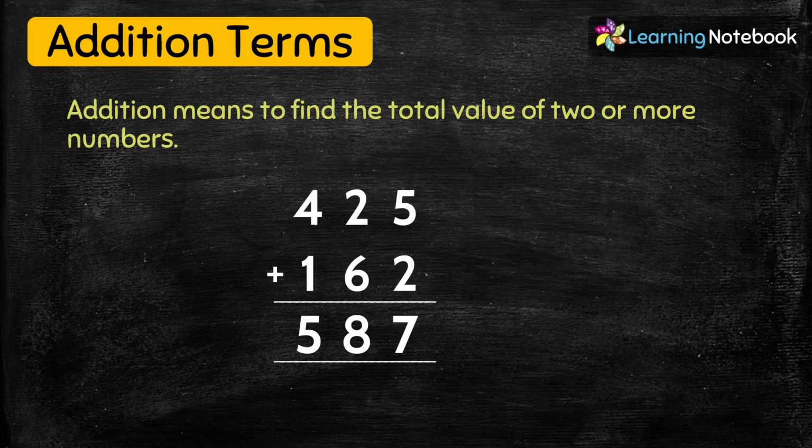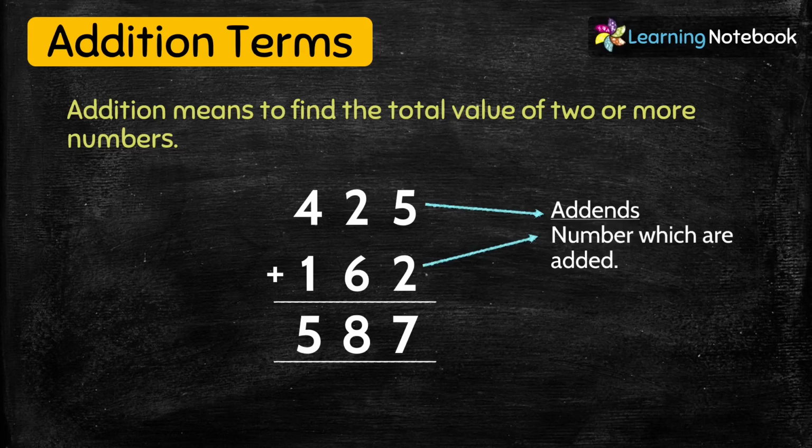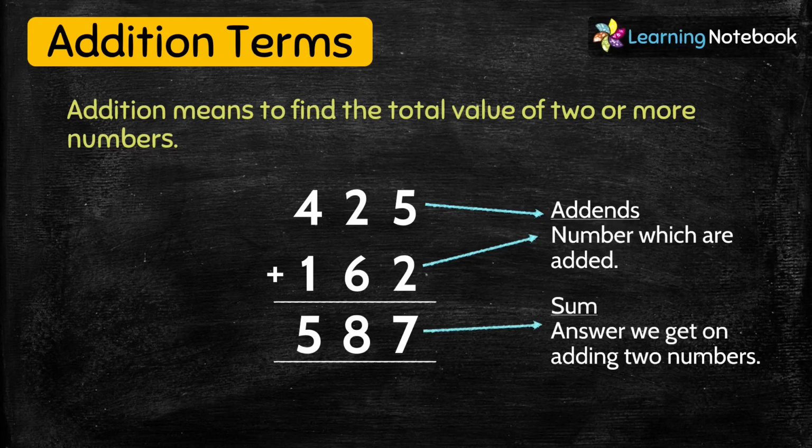These two numbers which are being added, they are called addends. And the answer that we get on adding these two numbers is called the sum. So here 587, which is the answer we got on adding these addends, is the sum.